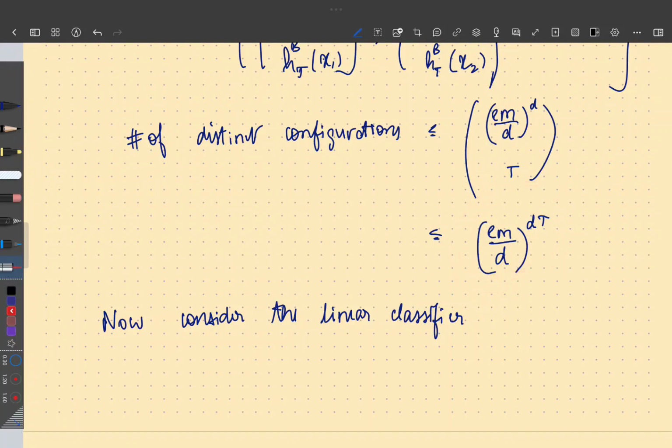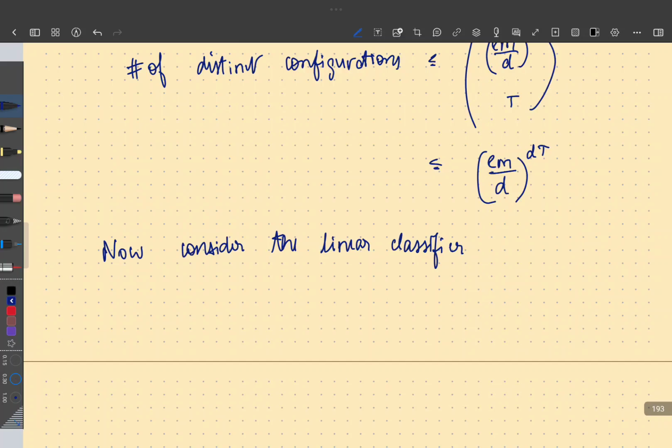So for each configuration, let me now see how many possible labelings I can get just by varying alpha 1 through alpha t. What is the number of distinct labelings we can generate?